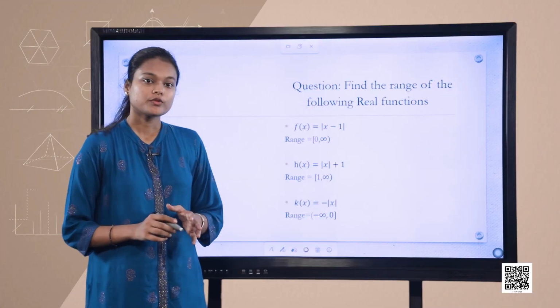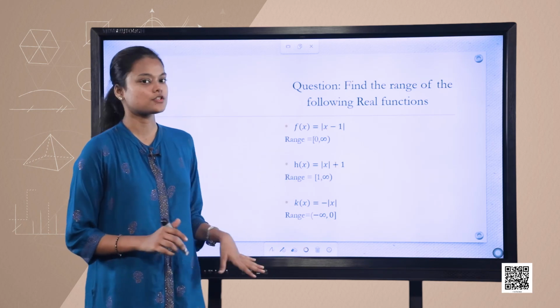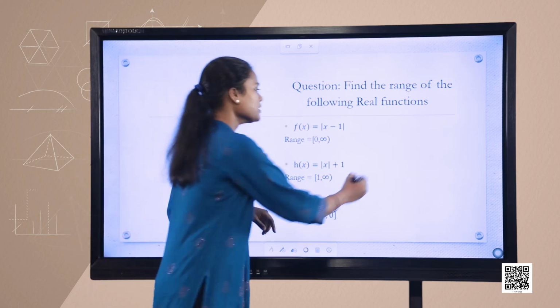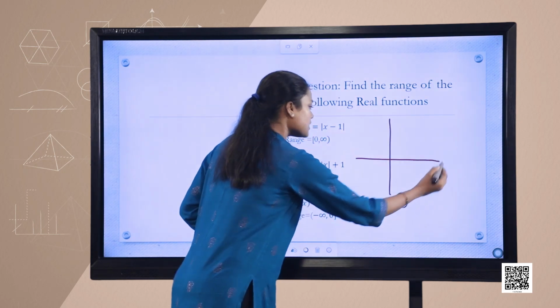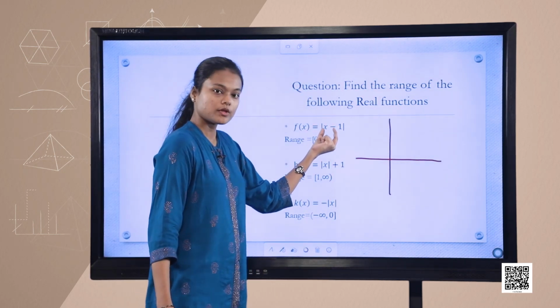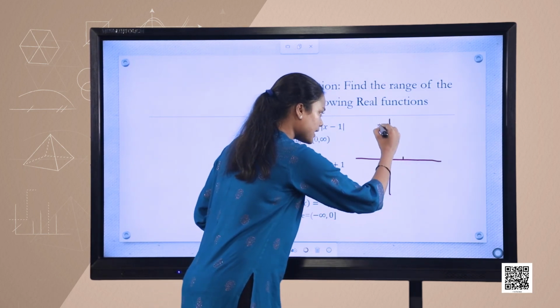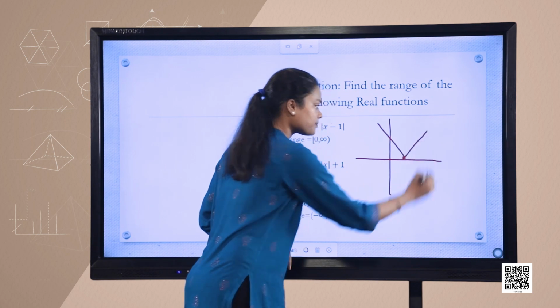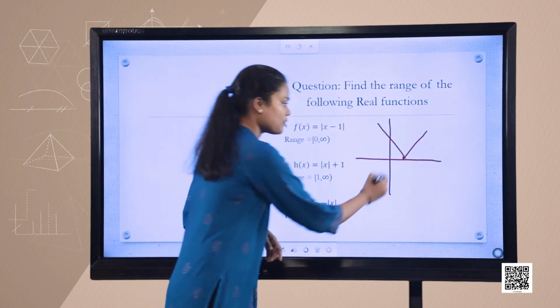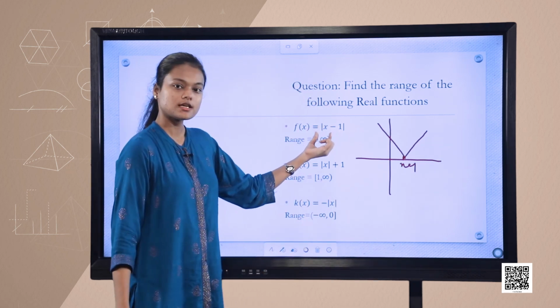We have also asked you to study the graphs of these functions. Viewers, you may see that mod x minus 1 will form a graph like this. Whenever x is equal to 1, f of x is 0.